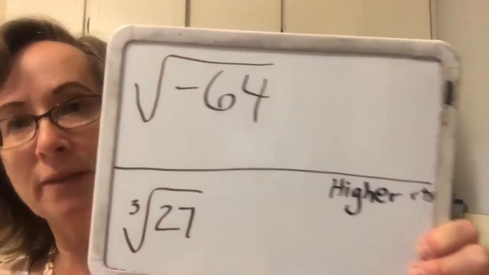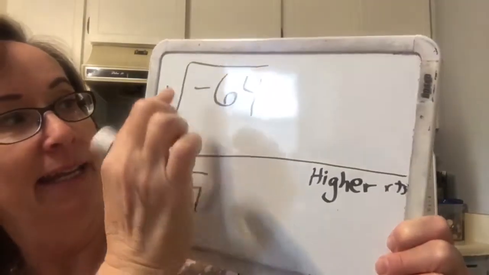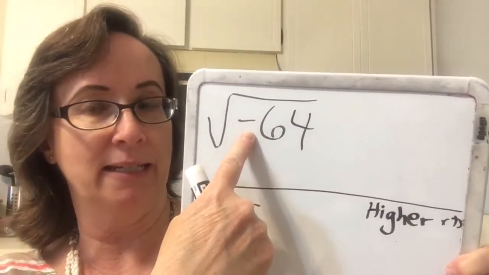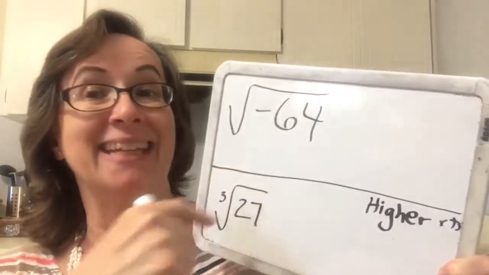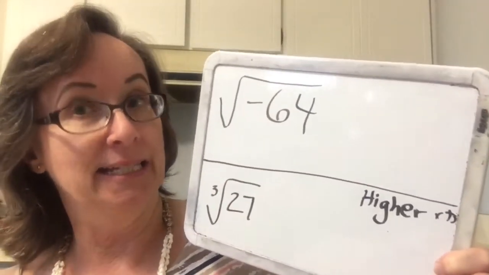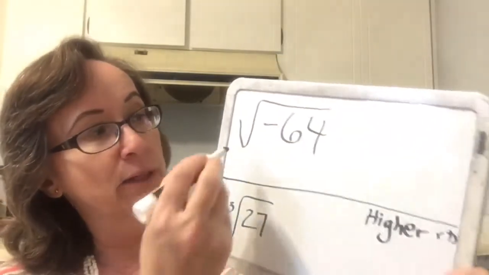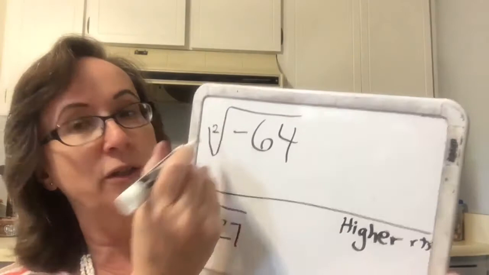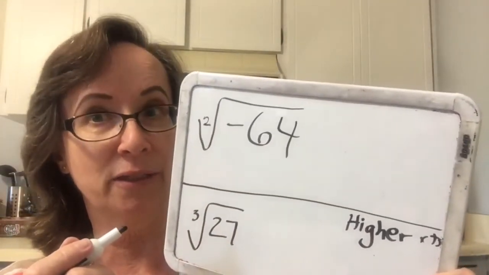We have another square root on the top here. Now we have a negative inside the radicand. And the rule is that when we have an even index or root, in other words, in this square root, there is an understood 2. It is the second root.